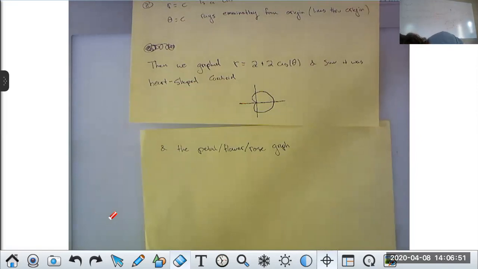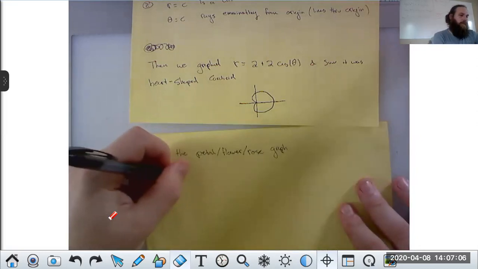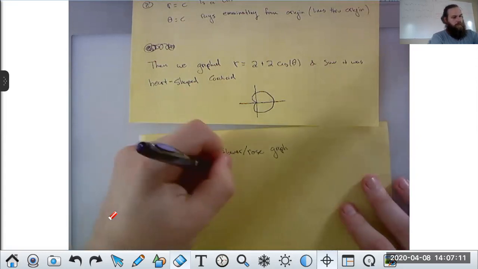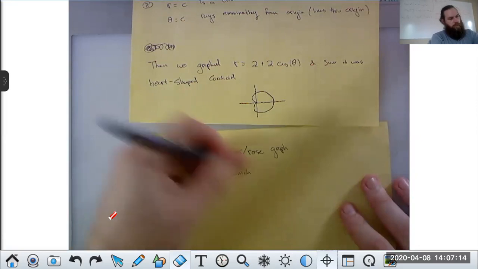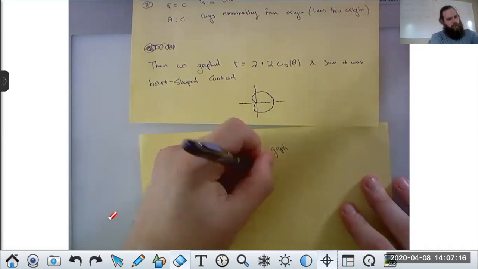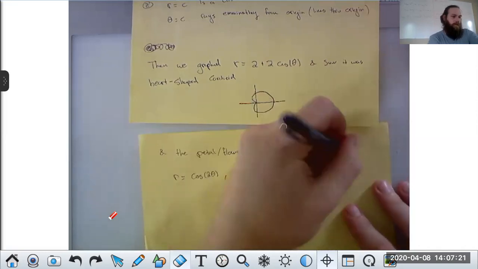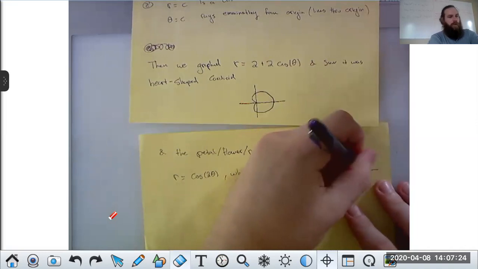Sine 2 theta? Or cos 2 theta, right? Yeah. And this graph looked like this.